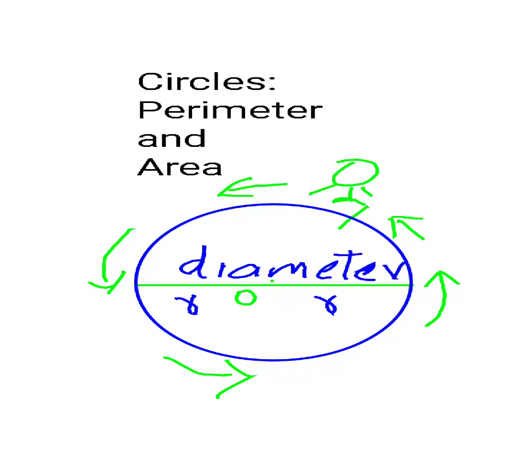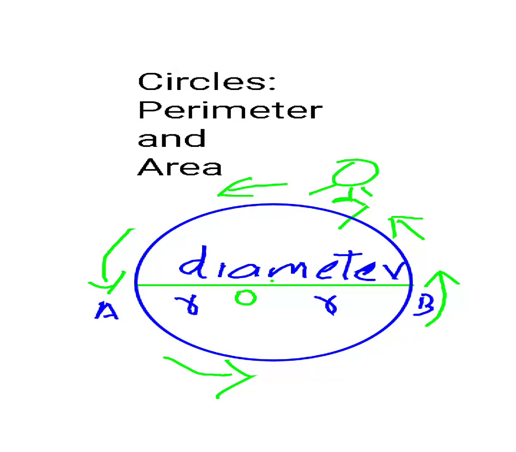Let us take points A and here let's take B. AB is the diameter. There is something unique about this because circles are everywhere. We see the outer boundary that is called perimeter, and this AB is called the diameter.